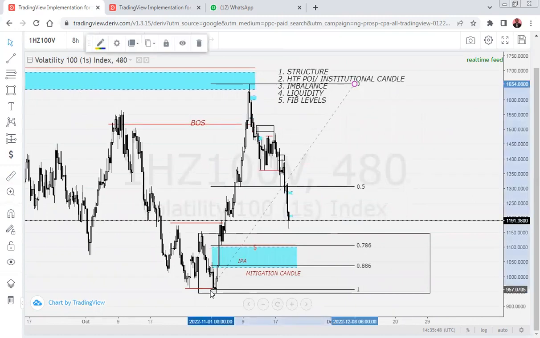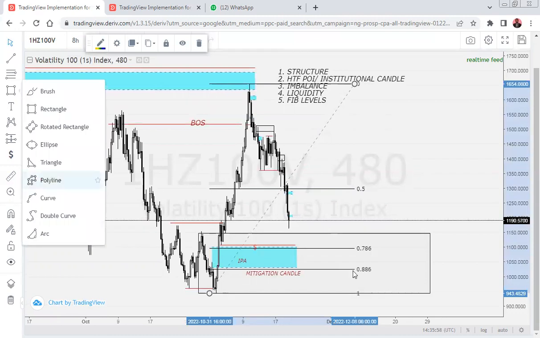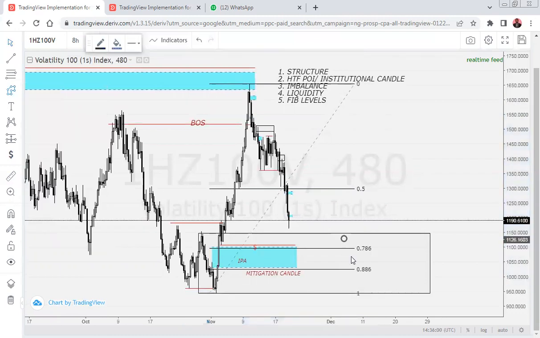Taking price from here all the way down, 786, 886, anything below the 50 level is a discount zone. So we can anticipate price to come in here, and then from here we'll get that move that will clear liquidity, give us a break, come back into it and have a retest, and then we go. Price might just get this done.